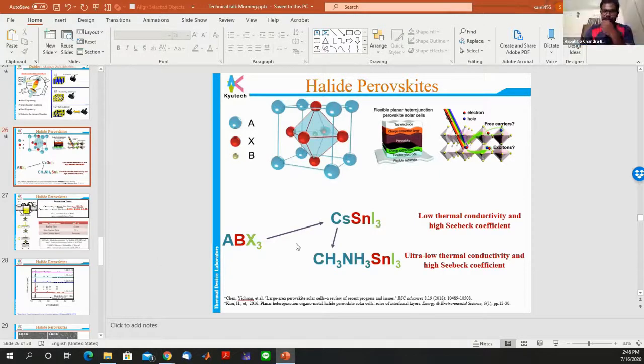But the main goal of using this is to enhance the phonon scattering. If you have a bigger molecule here, that helps in the phonon scattering and reduces thermal conductivity. So instead of methylamine, we can increase the size, like ethylamine also. Yes, there are reports with other materials.